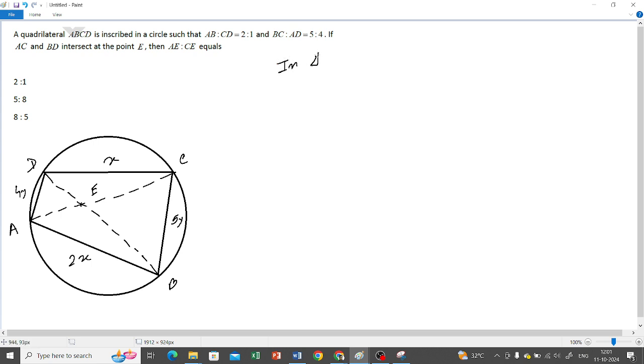Let us take triangles AED and BEC. Angle, okay, not AED.